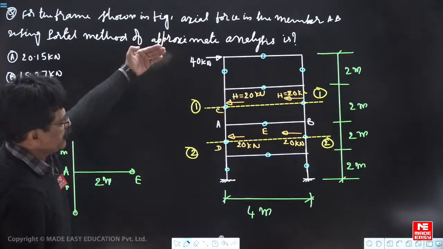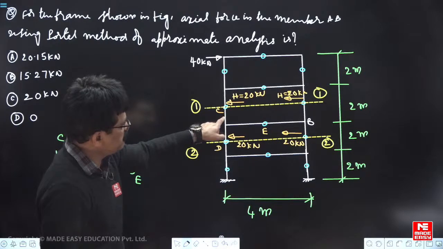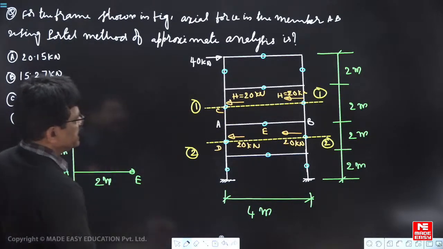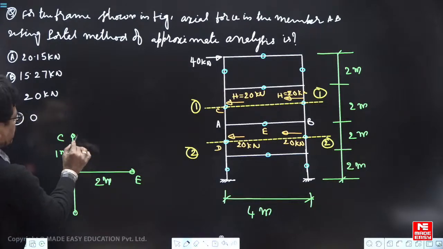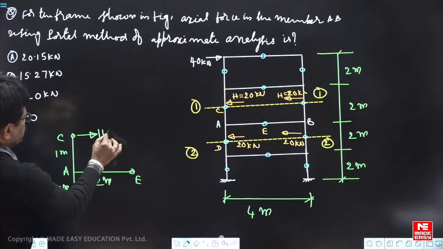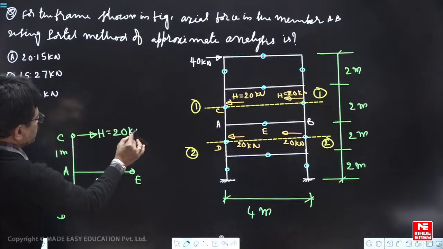When you take above 1, 1, this member is exerting on this one H value 20 kilonewton. If I take here, this is I am taking below 2, below 1, 1. So your horizontal force here will act 20 kilonewton.